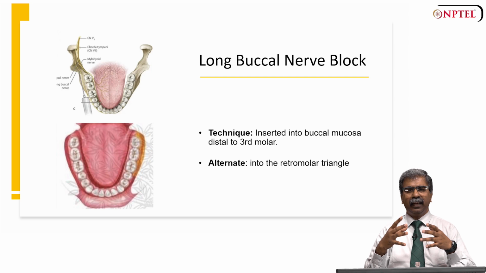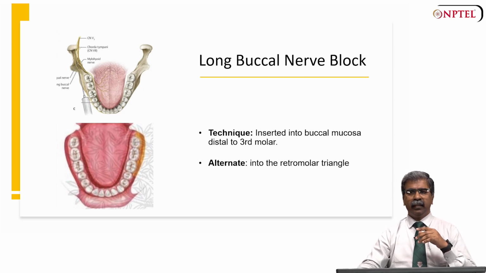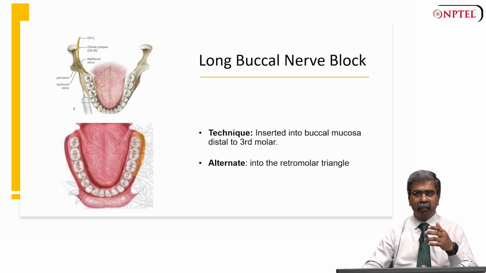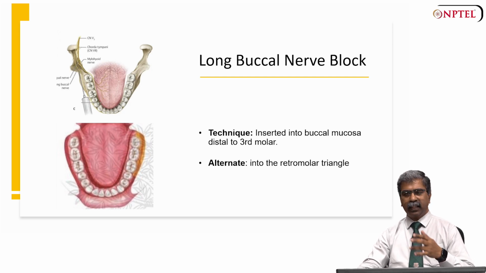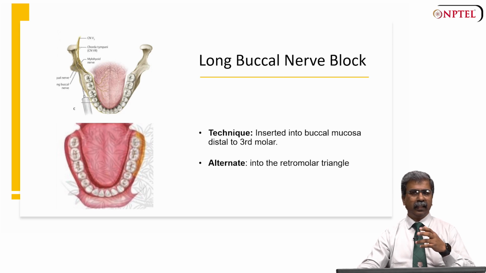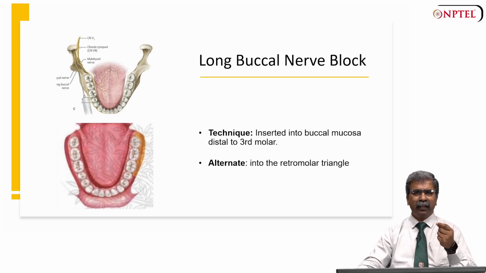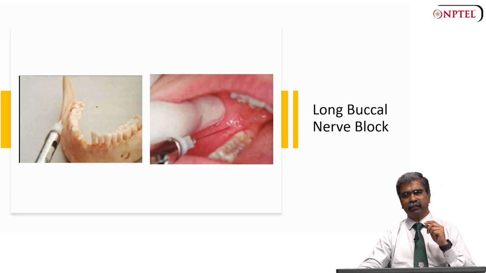It's like an infiltration procedure. And again, for any procedure that you do, you need to aspirate and inject to ensure that you are not in a blood vessel, and slowly inject 0.2 to 0.3 or 0.4 ml of local anesthetic.